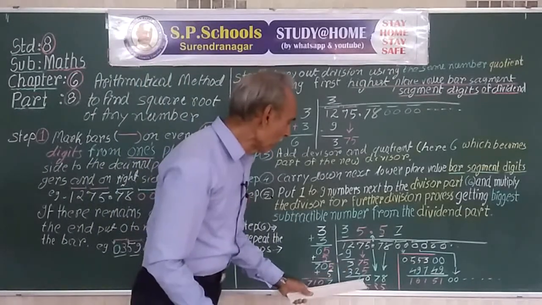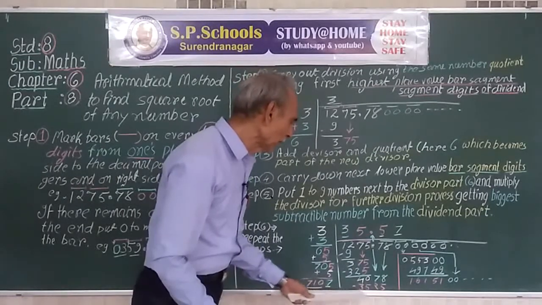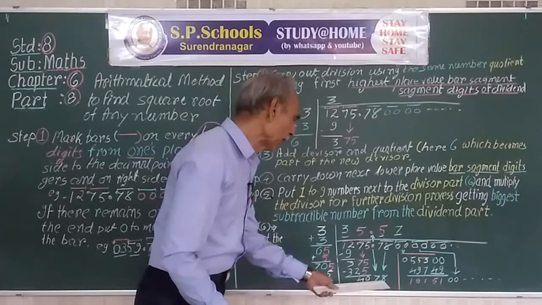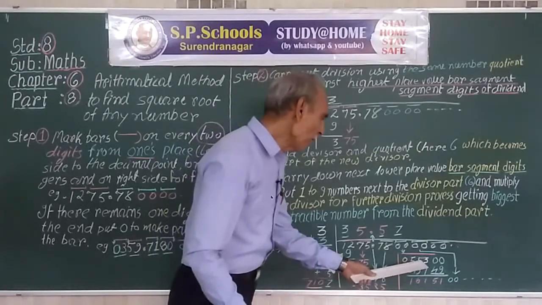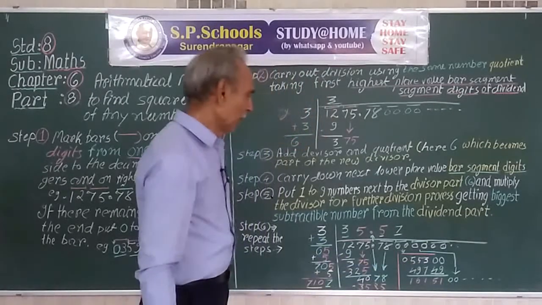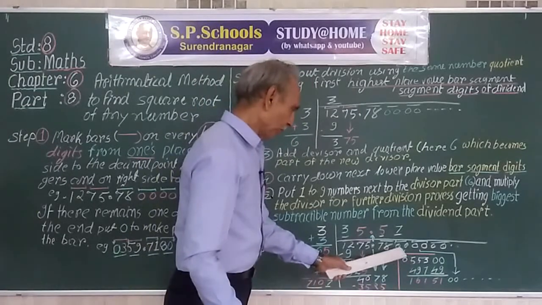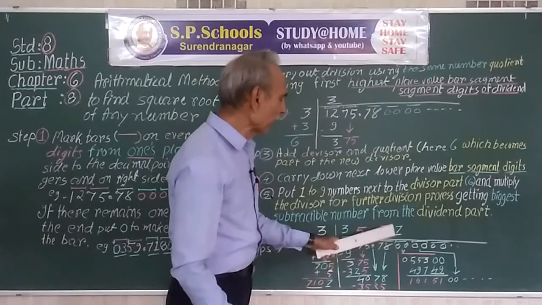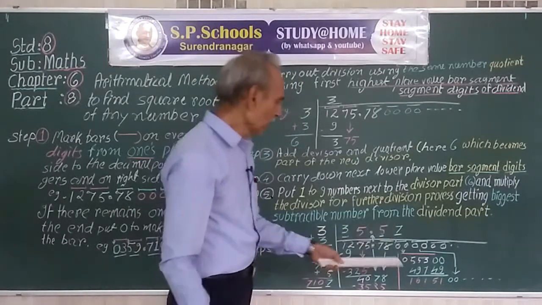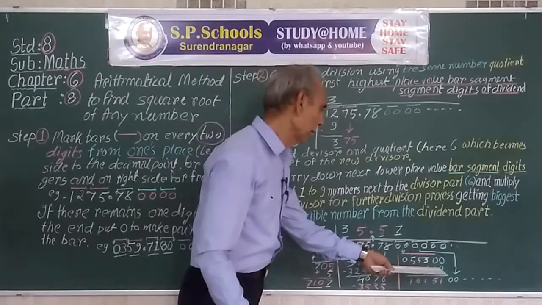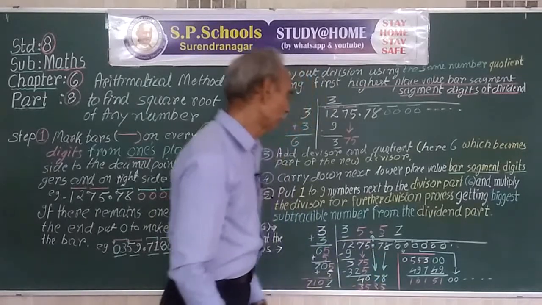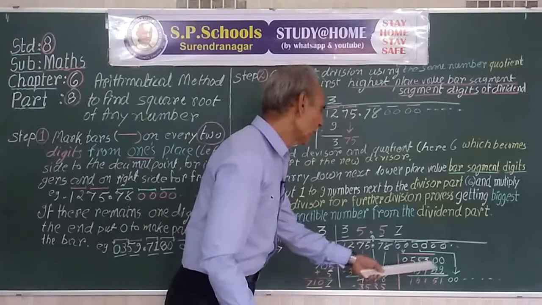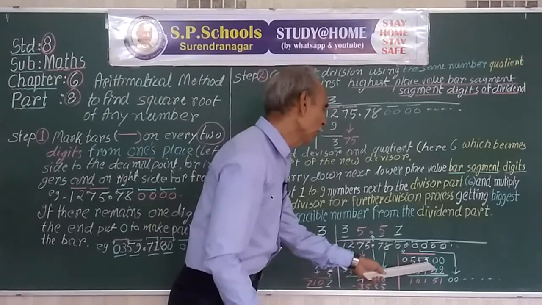Now when we subtract this 3525 from 4078, we get 553. If you want to get the next digit, carry down these 2 zeros next to 553.